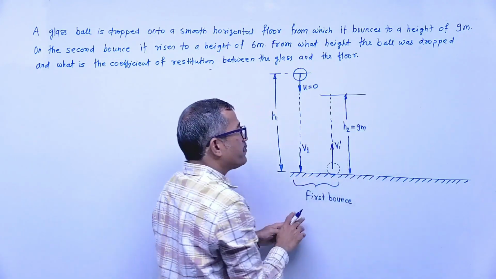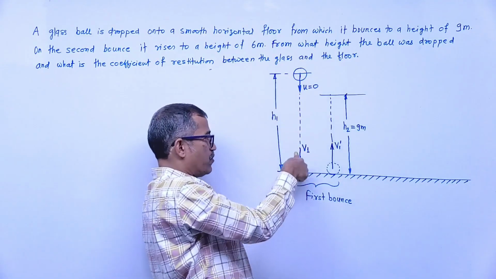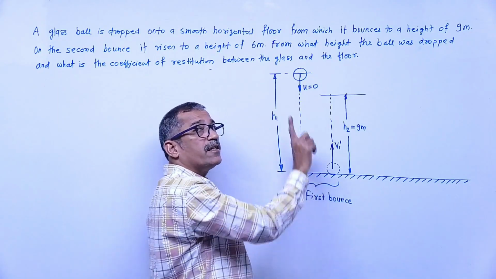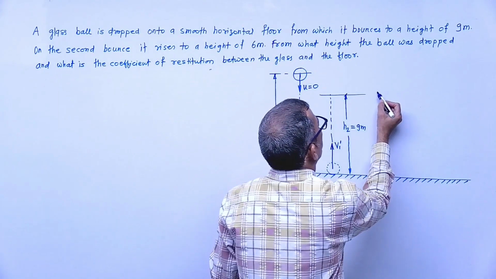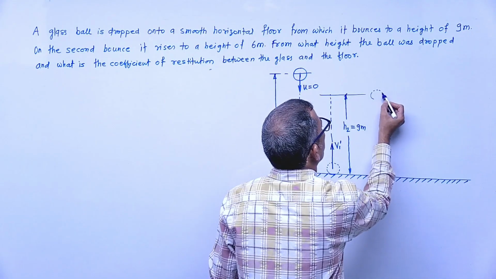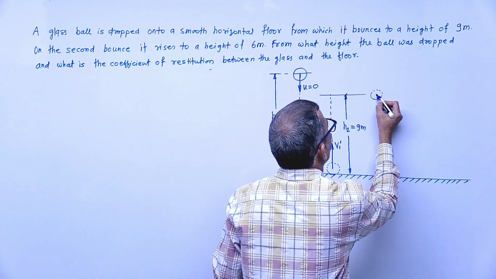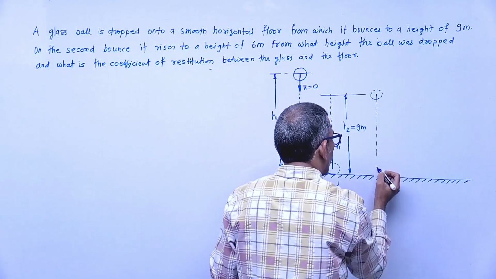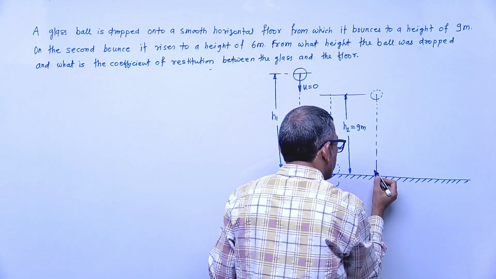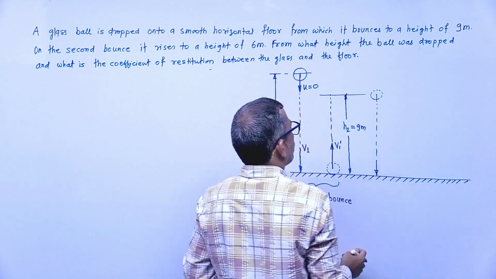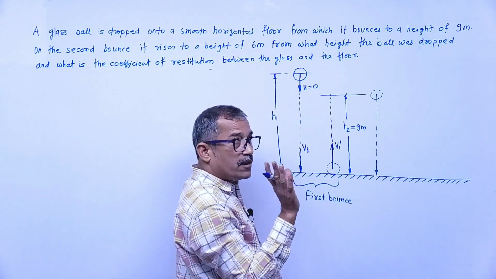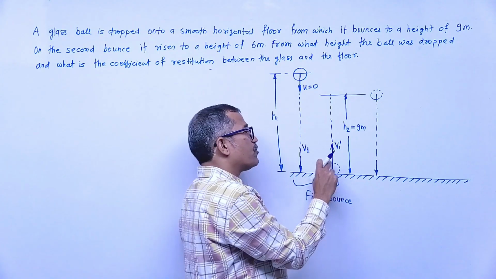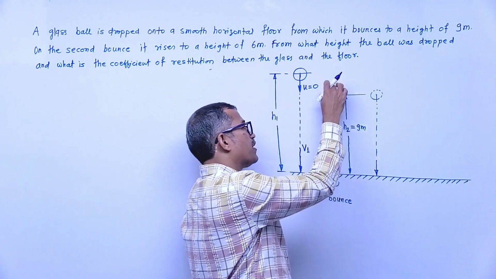Now what happens? It strikes, rebounds, moves to 9 meter, again moves in downward direction, strikes, and then rebounds. The second bounce I will represent here, say this is the initial position, 9 meter height. Then it moves downward and strikes the ground. Important: it rebounds with velocity V1 dash, moves up and again moves down.